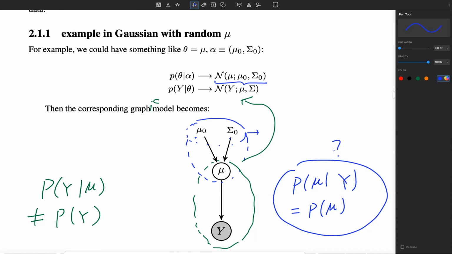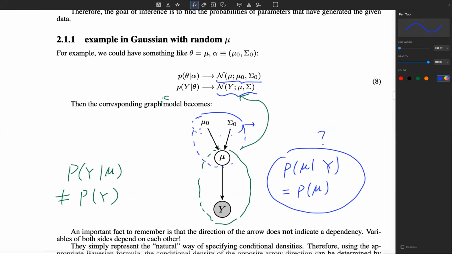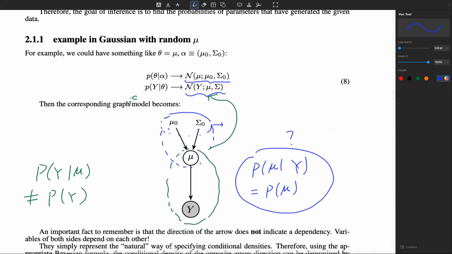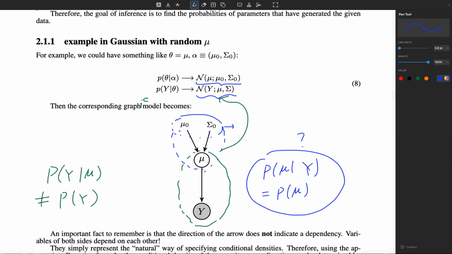Let's talk about just using probability. What does this directional arrow represent? It basically represents the conditional density you have specified. So this is why I write it down: it represents the natural way of specifying the conditional density. You basically specify your conditional density that way.